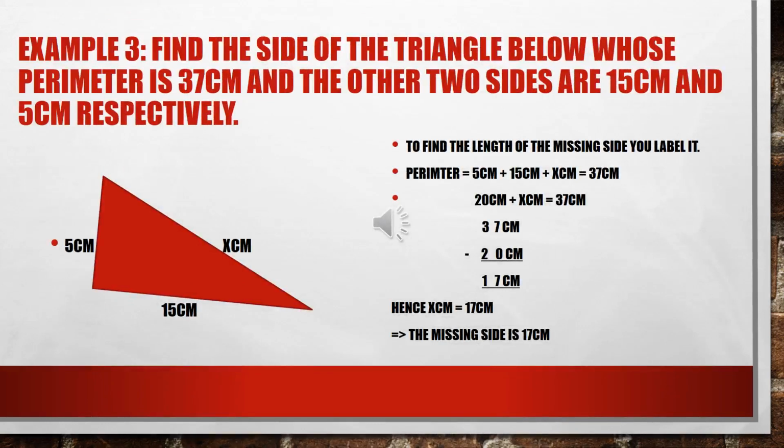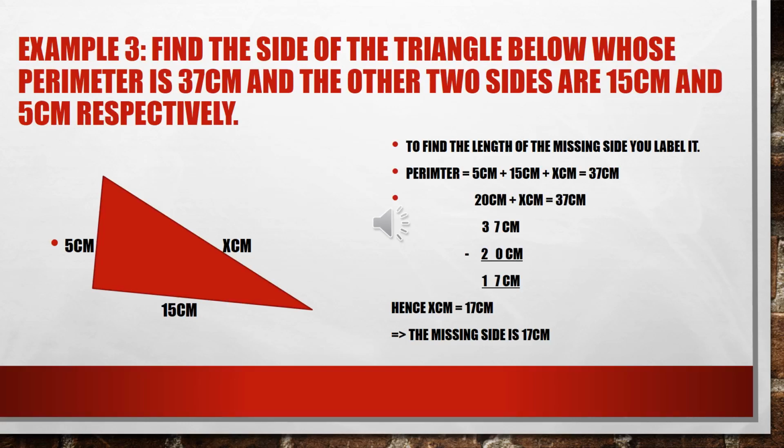Alright, example 3. And it says, find the side of the triangle below whose perimeter is 37 centimeters and the other two sides are 15 centimeters and 5 centimeters respectively. Now, if you read that question, you see that the perimeter of this triangle has been given and the perimeter is 37 centimeters.